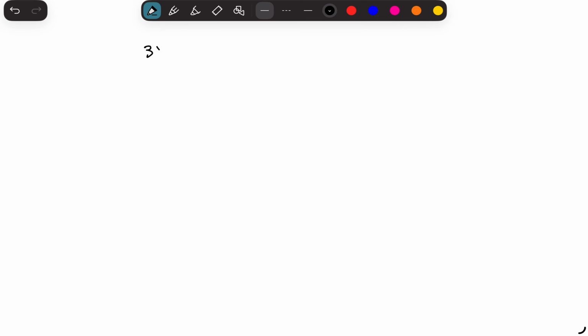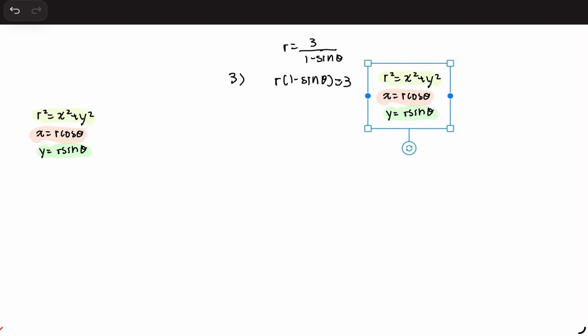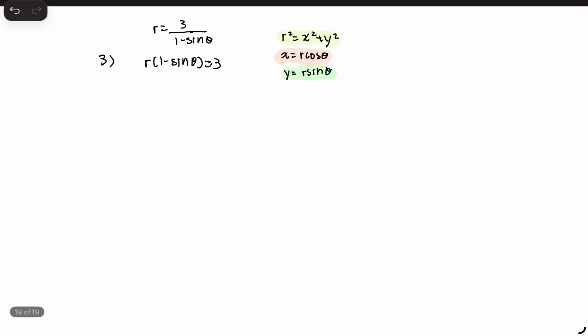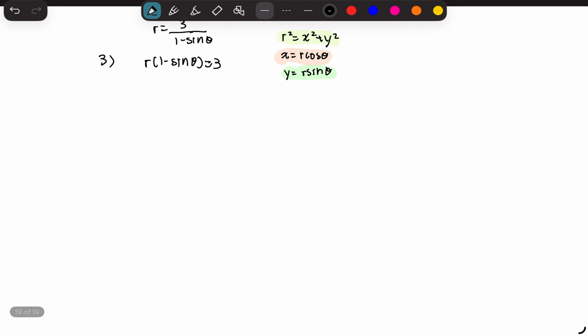For our third question, we are going to have 1 minus sine theta is equal to 3. So we get this. This is going to be r is equal to 3 over 1 minus sine of theta. So now what you're going to do is, you see sine of theta, take these same things here. You're going to replace r sine of theta with your y.